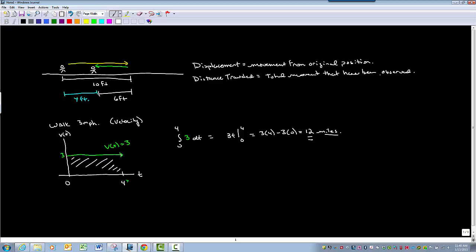Well, that makes sense, because think about it. I mean, if you just drew a rectangle here, and the base length was 4 and the height was 3, you would tell me that the area is 12. Okay, so of course, this was not hard to calculate. Well, what is 12? 12 is the displacement.